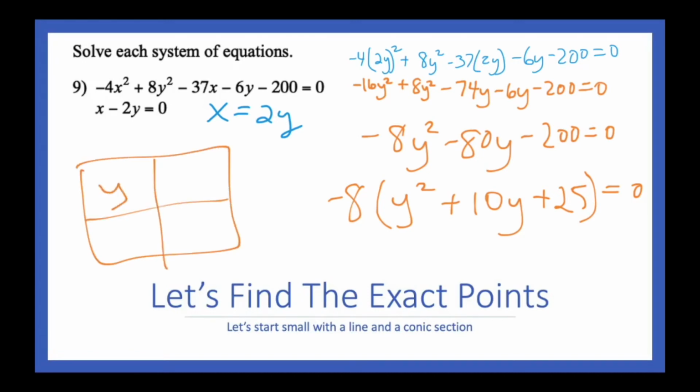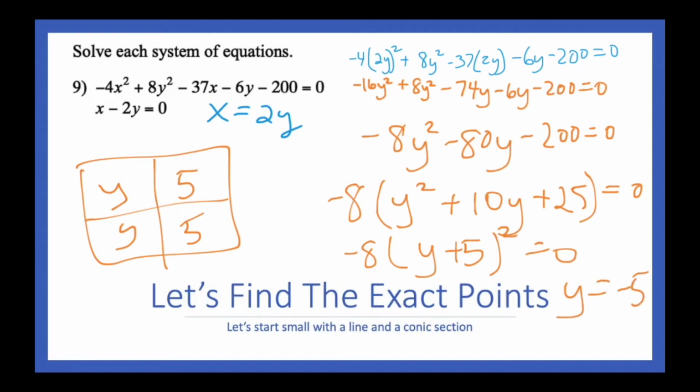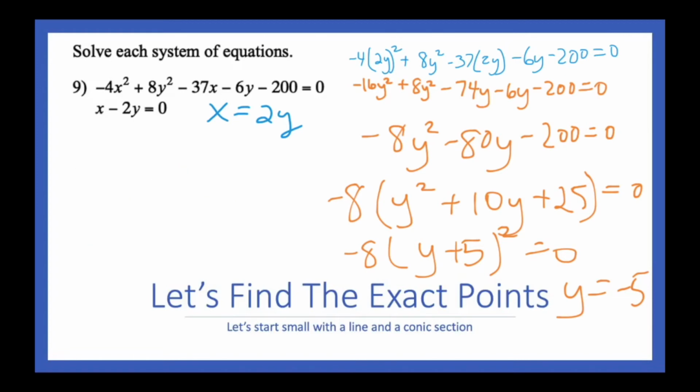We'll have y and y, both positive 5 and 5. So we're going to have y plus 5 squared equals 0. Set one of those, y plus 5 is equal to 0, and we'll have y equals negative 5. So we found our y value, but we are not finished.